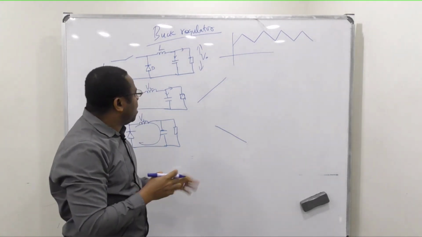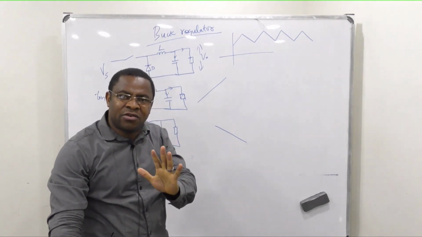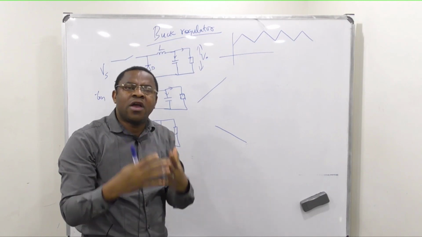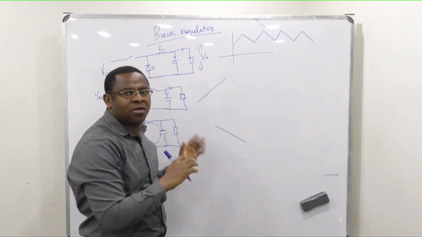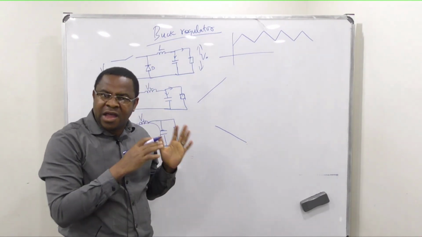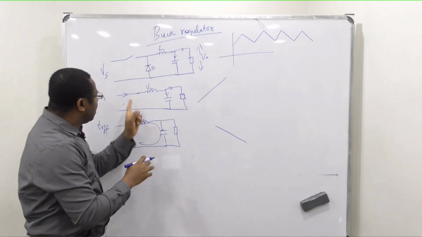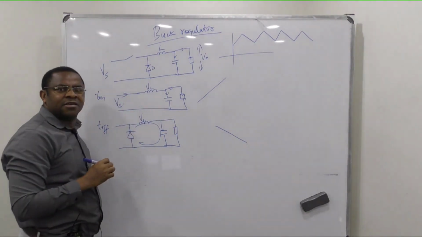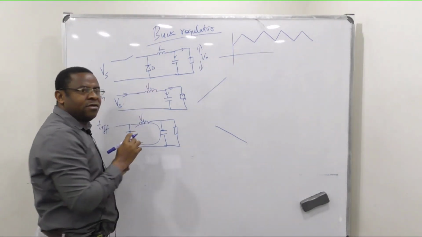Now we are going to use that scenario to derive the duty cycle equation for a buck converter. Before we do that, remember that at time on, let's look at what happens. This voltage here is our Vs. This is your VL.